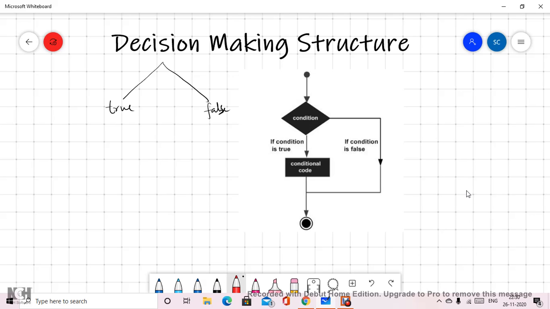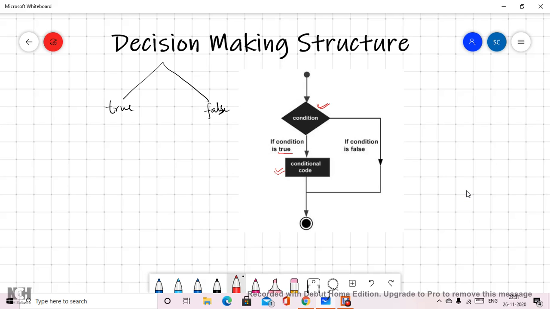As you can see in the diagram here, in case of decision making we will be checking the condition first, and based on the condition, if it is true, then some conditional code will be executed, and if the condition is false, then we will follow some other path, or we do not go for any kind of code execution.